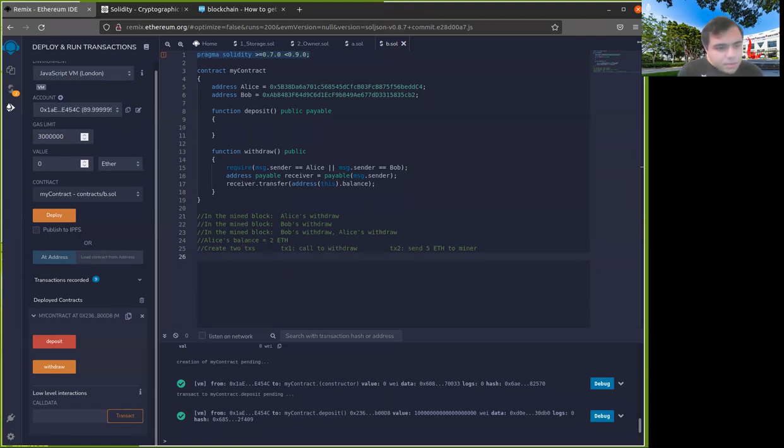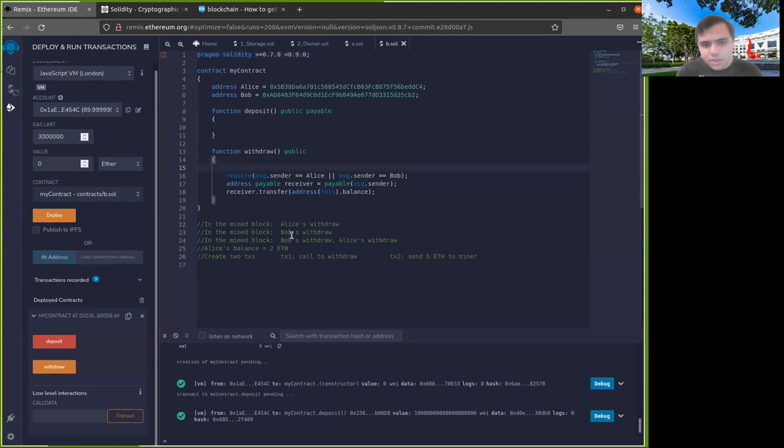So let me just go to the questions. One question here is, can't we just require that the balance is greater than 0? That's a nice idea. Okay, so I can say require, and here I can say that I want the balance of this contract to be greater than 0. So if this contract doesn't own any money, any call to the withdraw function will just abort here.